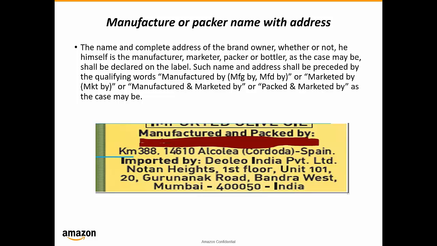Hence, it is important that the name and complete address of the brand owner, whether or not he himself is a manufacturer, marketer, packer, or bottler, as the case may be, shall be declared on the label. Such names and addresses shall be preceded by the qualifying words "manufactured by".